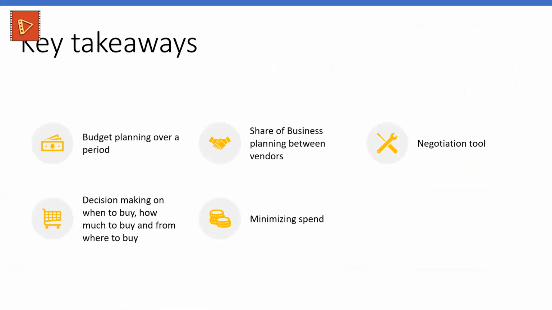So, how to budget for a period of 1 year, and then how to decide the share of business between vendors, and how to make use of this tool in negotiation, and then in procurement order planning over the period of 1 year, and deciding how much to buy, when to buy, and from which source to buy.